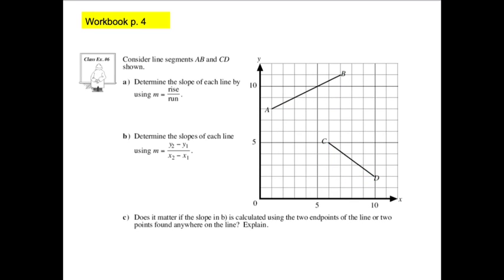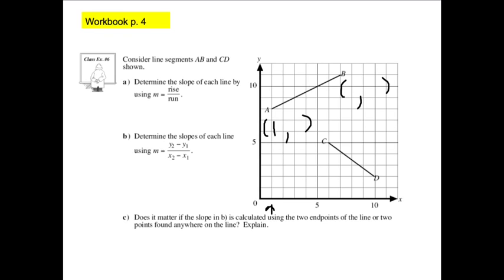To determine the slopes using the y2 minus y1 formula, you have to determine the coordinate points. So for A, you're going to have a couple of points, one being x and y, and same with B. You need to figure these ones out before using that particular formula. So let's work that one out. Along the x-axis, A is at 1.